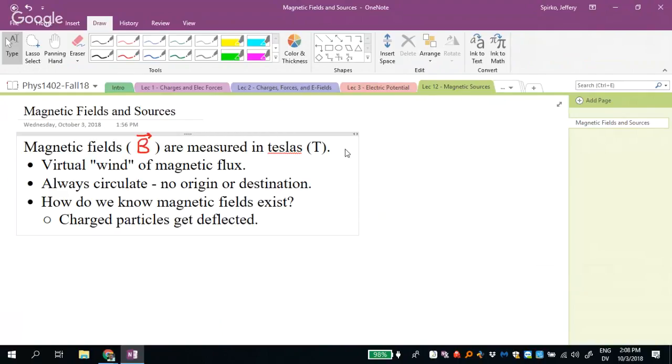One thing that happens because of magnetic fields is charged particles get deflected. So that means that if they're moving one direction and they hit a magnetic field, they'll suddenly be moving a different direction. And the way we deflect moving objects is with force. So magnetic fields create forces.